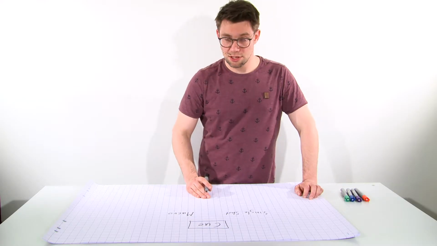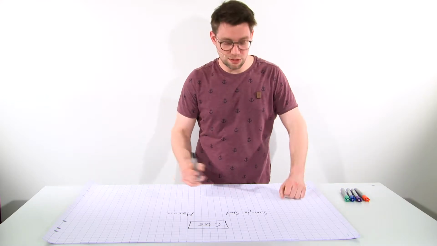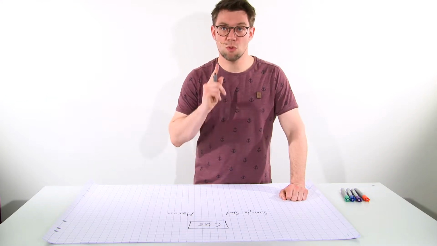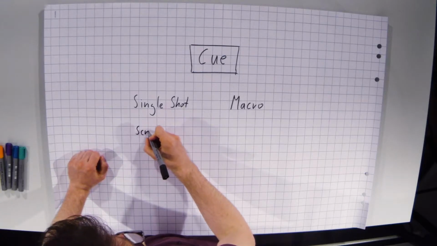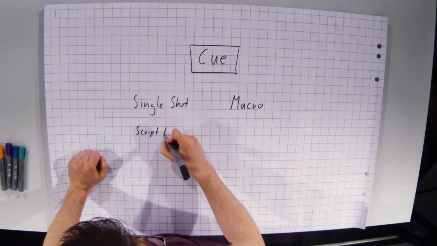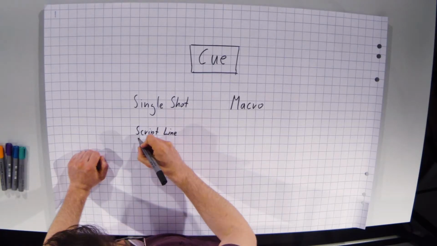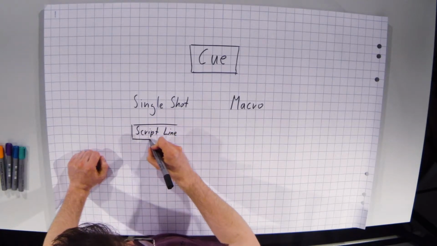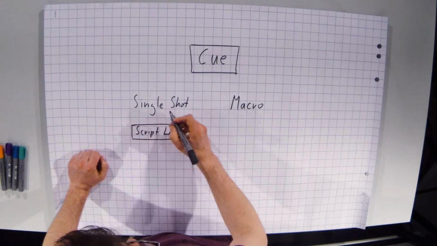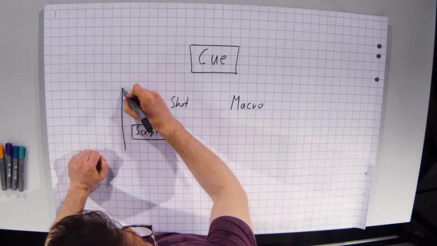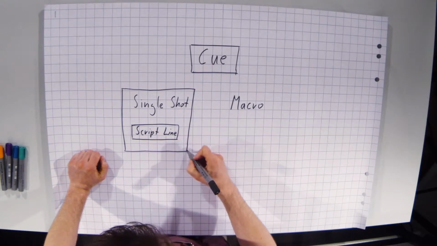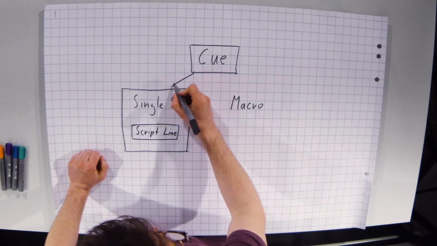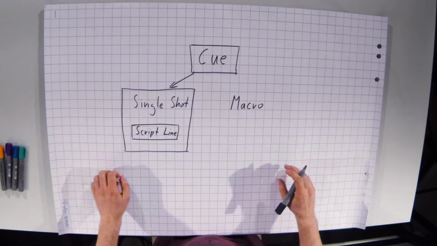And a single shot, of course, it's only one event, can only consist of one script line. So this here, that's a single shot. And the single shot is one kind of a queue.